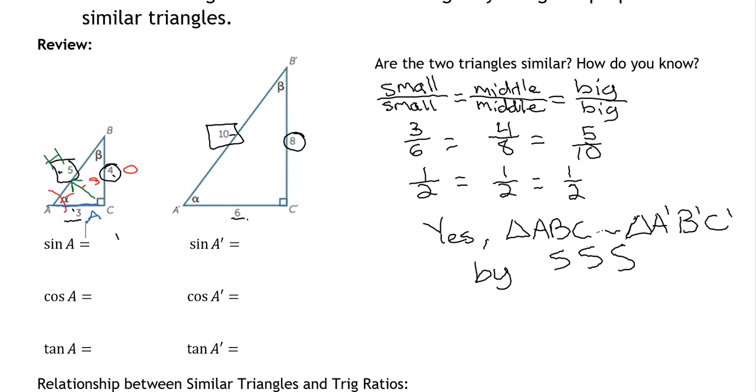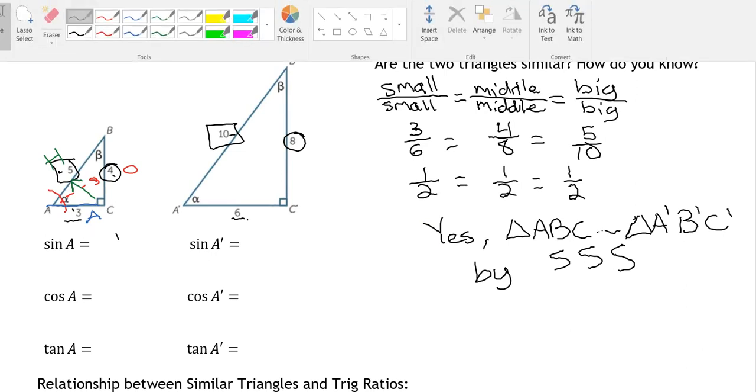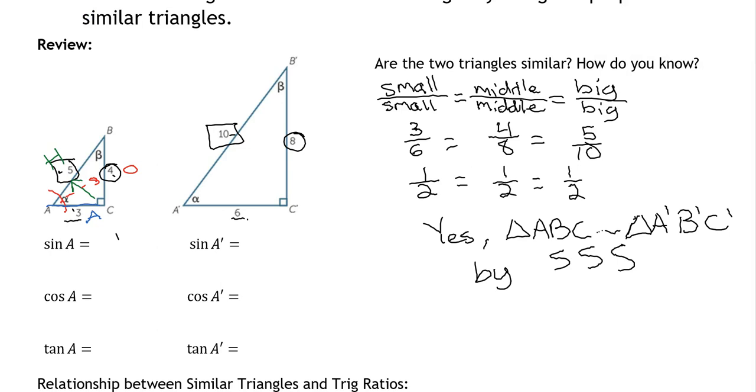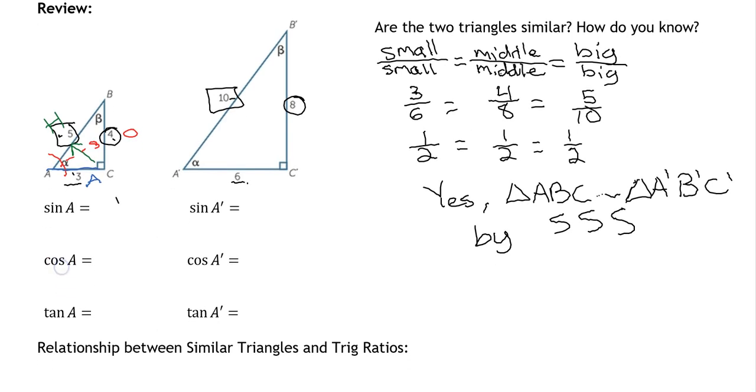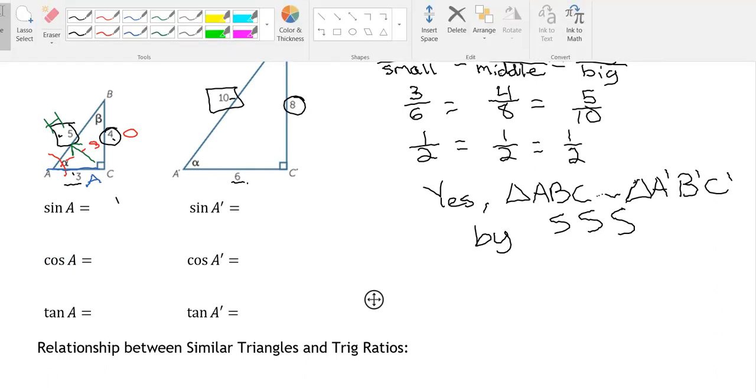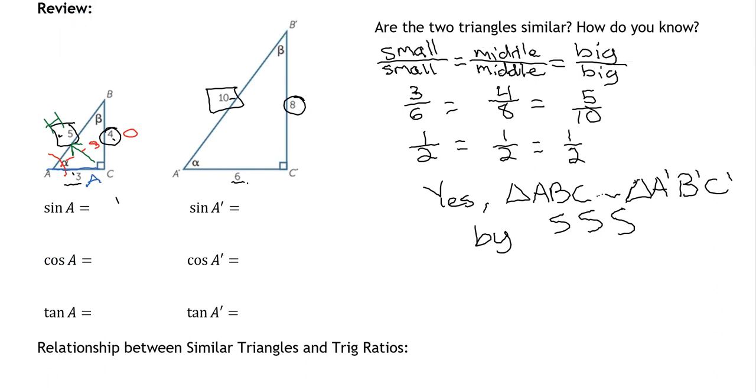So then the sine of A. I'm going to write SOHCAHTOA up here at the top of everything so we can remember it. Sine is opposite over hypotenuse.